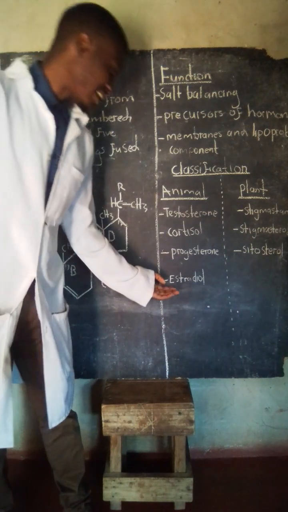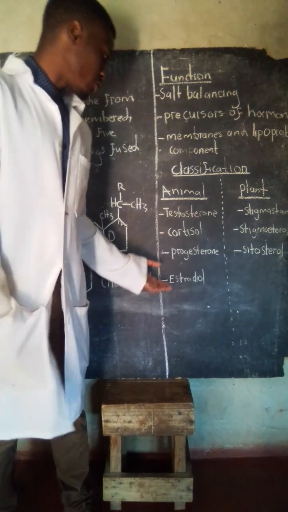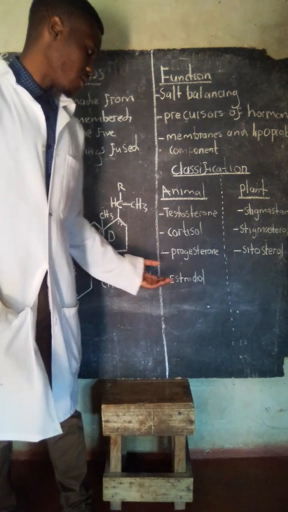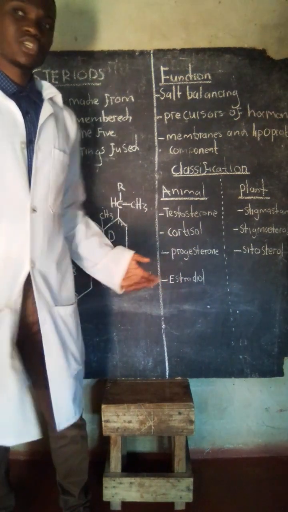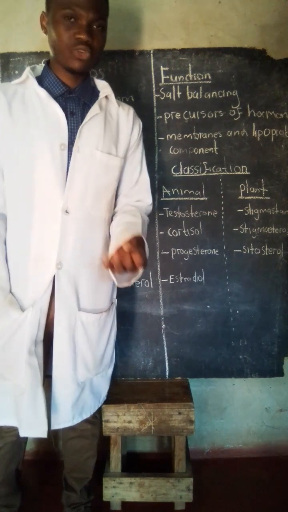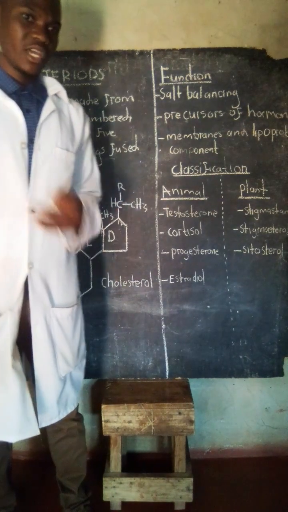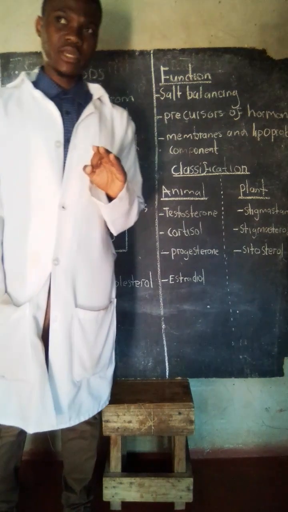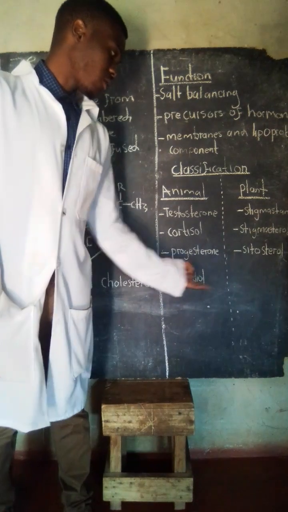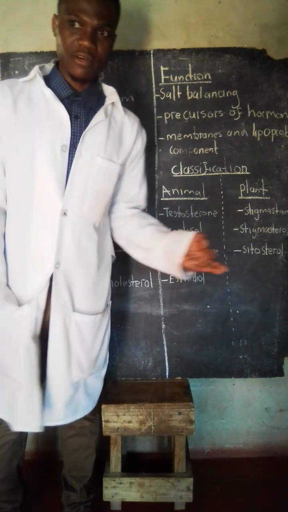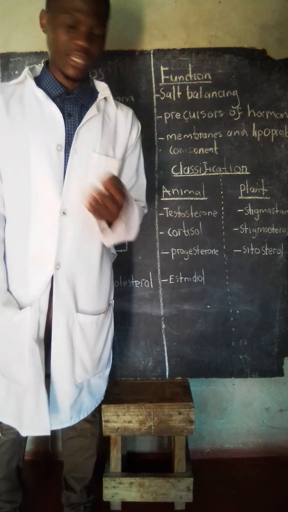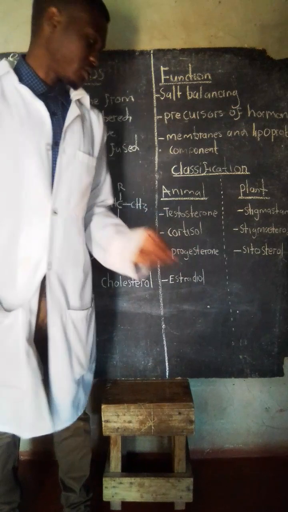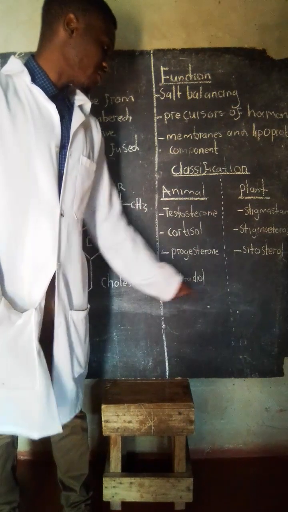Then we also have another steroid which we call estradiol. Estradiol is also a female hormone which is responsible for menstrual cycles, and it is more active during the lifetime of a reproductive woman, so to say.